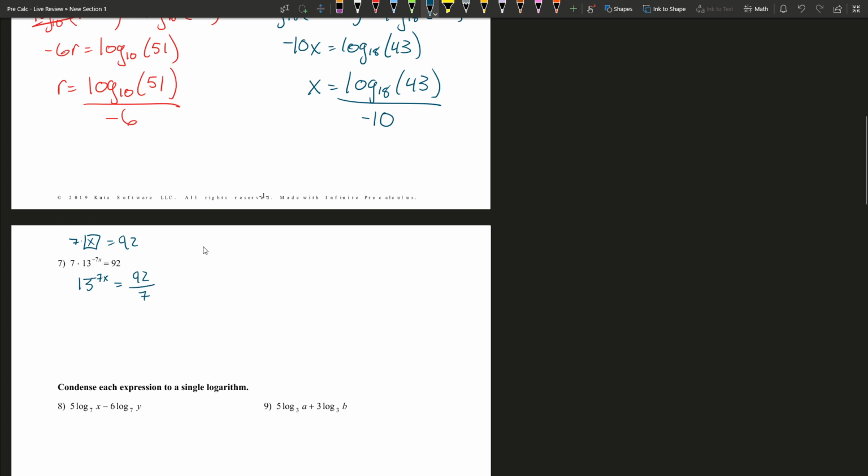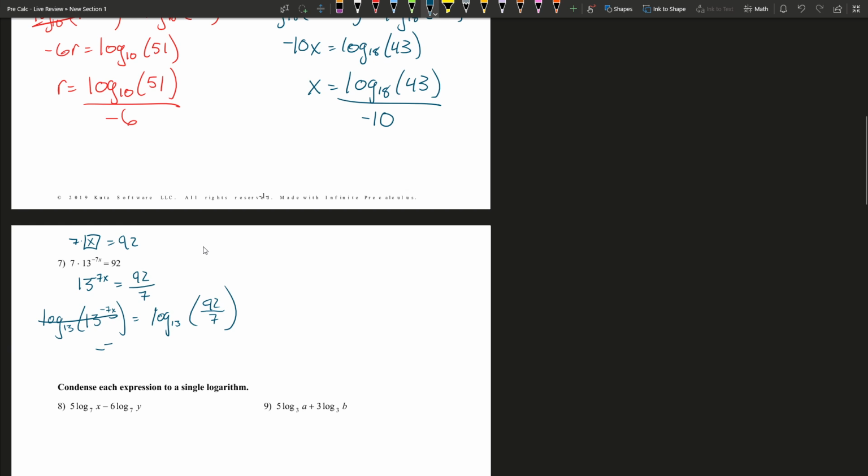And because those two don't have a common base, again, we have to take a log base 13 of both sides. When we do that, the log base 13 and this 13 cancel.